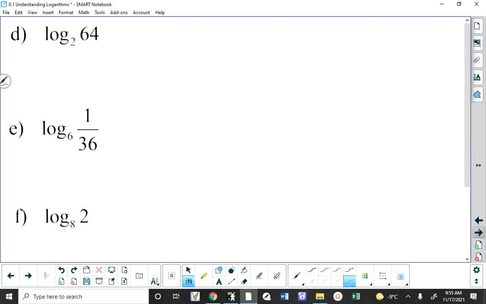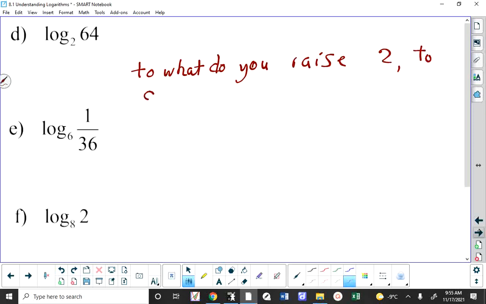Log base 2 of 64. Log base 2 of 64 is saying, to what do you raise 2 to get 64? I want to actually write that down. To what do you raise the base of 2 to get 64?